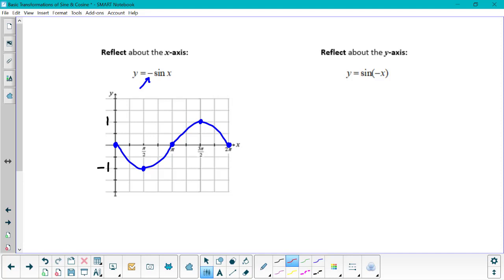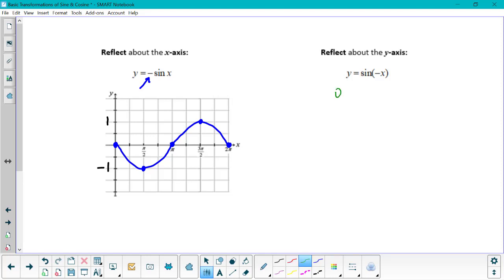All right, in algebra, we didn't need to do reflecting about the y-axis because we could rewrite it, and we didn't have to worry about that with many of our functions, especially our even functions. But in trig, reflecting about the y-axis is not pretty. So what we do is we use the fact that the function is even or odd and we rewrite it.